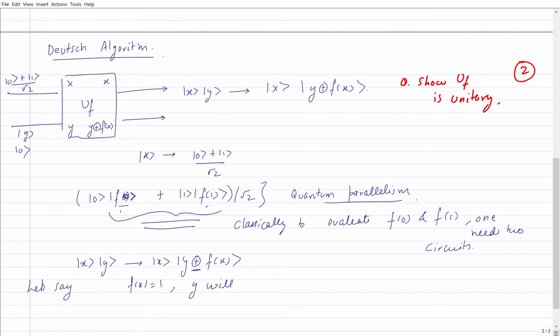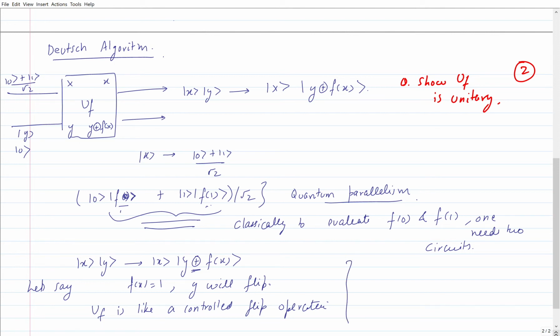Remember, this is a binary addition. So Uf is like a controlled flip operation.